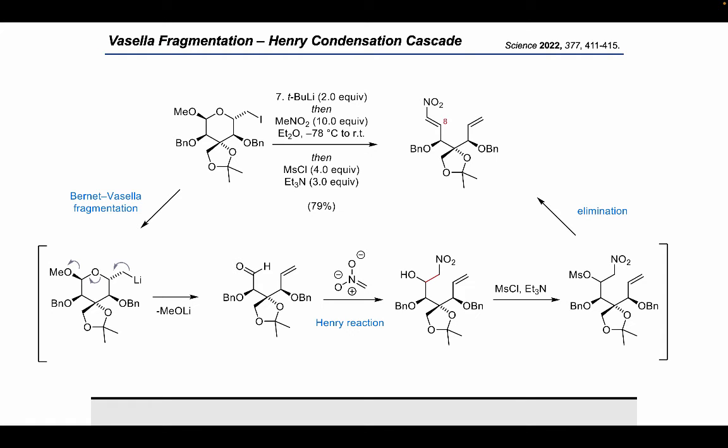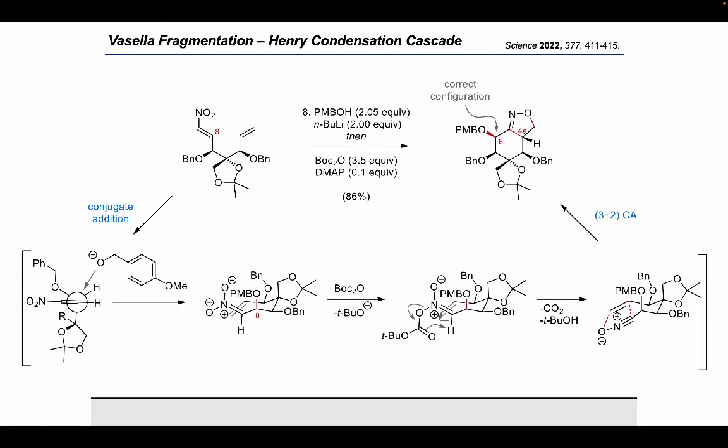t-BuLi performs a lithium-iodine exchange, which triggers the Vasella-type fragmentation under elimination of lithium methoxide. Once nitromethane is added, it is deprotonated by the lithium methoxide and adds into the aldehyde. Adding methane sulfonyl chloride and triethylamine upon completion of the prior step directly eliminates the C8 alcohol to give the nitroalkene.